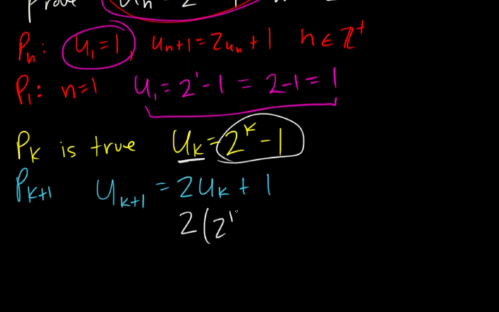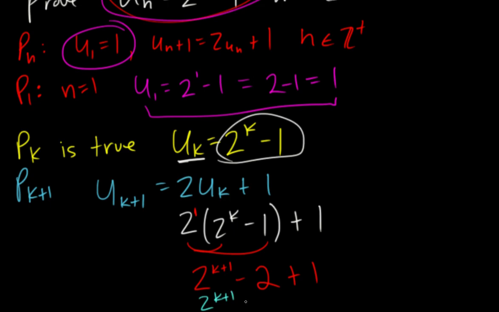So 2 times 2 to the k minus 1 plus 1. And we're going to distribute this 2. So we're going to remember that there's a 1 right there. So it's 2 to the k plus 1 minus 2 plus 1. We can combine these. 2 to the k plus 1 minus 1.